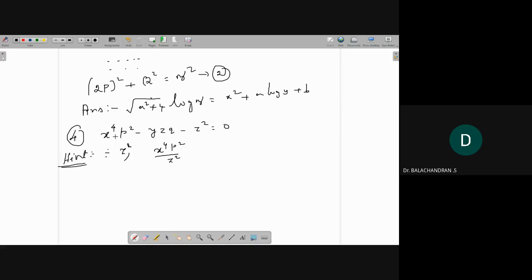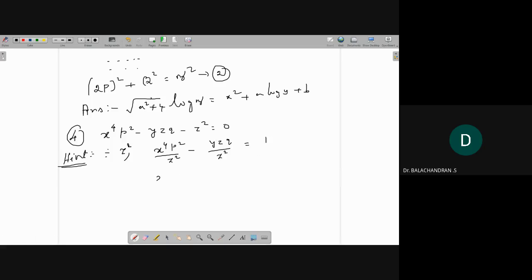Here you will get z, here you don't get z. Okay, again you have a problem. So it is better to divide throughout by z square. Then here also z, here also you have z. If you divide by z square, minus y z cube by z square equal to z square by z square, which is 1.